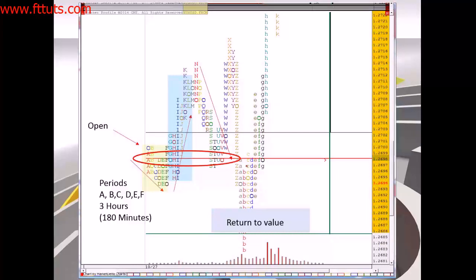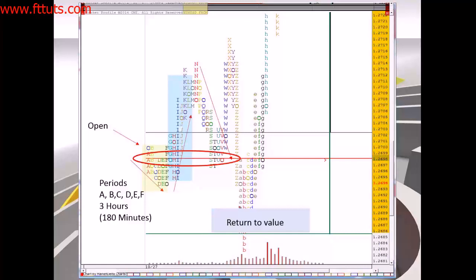It often likes to return to value. When it doesn't return to value, it begins to explore price range for new value, new location for value. But the value concept is very important because of how price reacts to it.